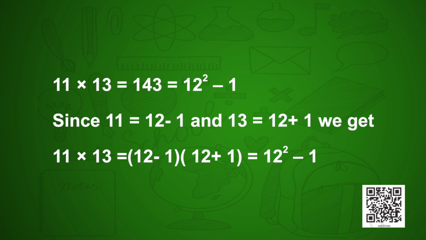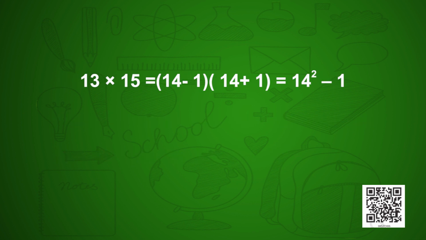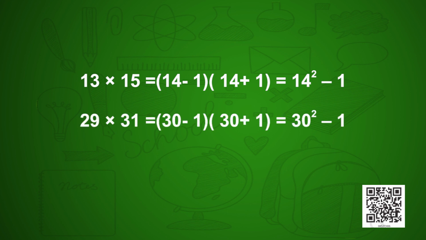Similarly, we also have 13 times 15 is equal to, 13 can be written as 14 minus 1 and 15 can be written as 14 plus 1. So, again by using the same identity we get 14 square minus 1. Let us also observe another example, 29 times 31, which is equal to (30 minus 1) times (30 plus 1), which is equal to 30 square minus 1.